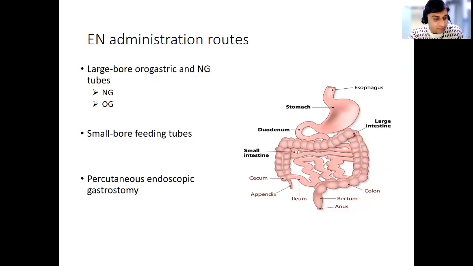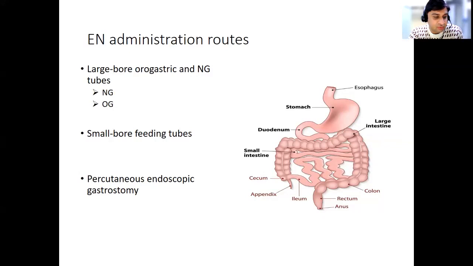The second thing is the small bore feeding tubes. They are very flexible and easy to put in, but they have their pros and cons, because when you give the feed through a small bore feeding tube, they usually become clogged.